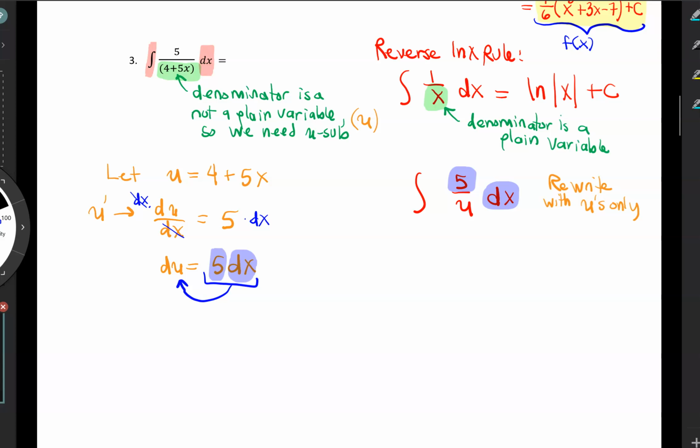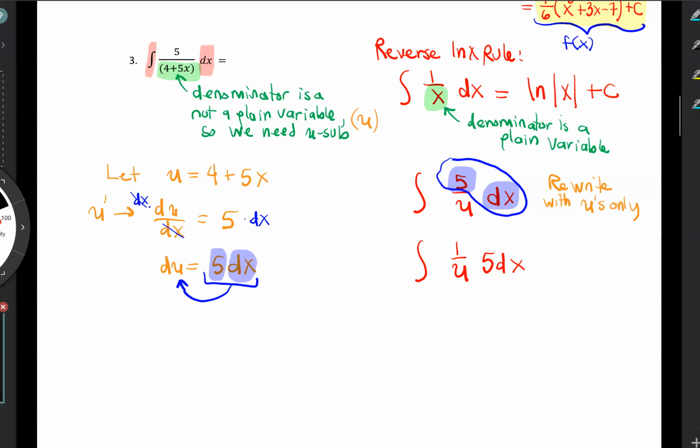So it's kind of like these guys. Let me rewrite this. I'm going to do some algebra here just to rewrite this. I'm going to pull that 5 down out of the numerator. And since order doesn't matter when we're multiplying here, it's a fraction times dx. I'm just going to pull that 5 out, and that'll leave me a 1 over u, an understood 1 placeholder when I pull that 5 out of the numerator.